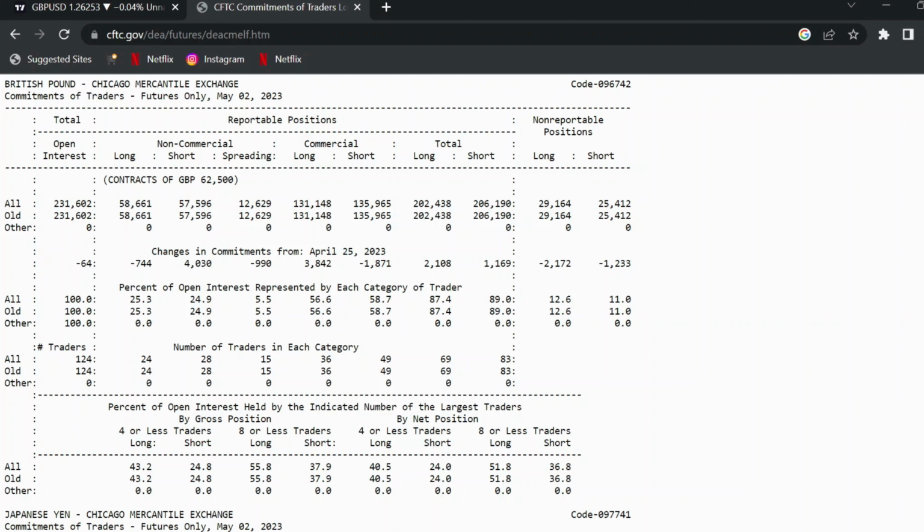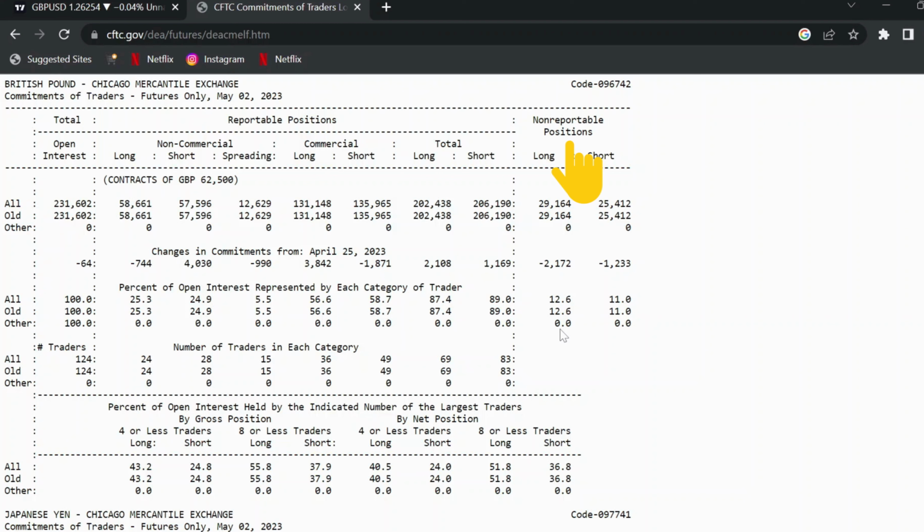And finally, the final column is non-reportable positions. So these are traders just like you and me. And these ones, they are generally wrong.